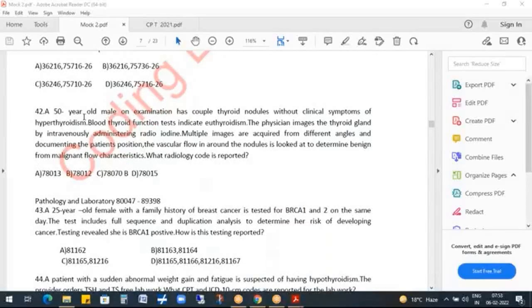What is the doubt in 42? A 50-year-old patient with thyroid nodules without clinical symptoms of hyperthyroidism. Blood thyroid function indicates euthyroidism. The physician images the thyroid gland by intravenously administering radioiodine. Multiple images are required from different angles, documenting patient position and vascular flow around the nodules, to determine benign or malignant.